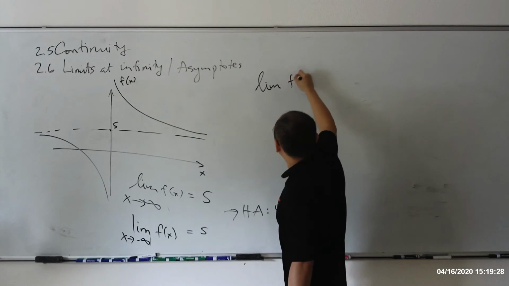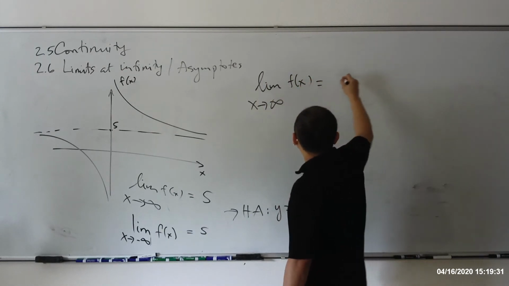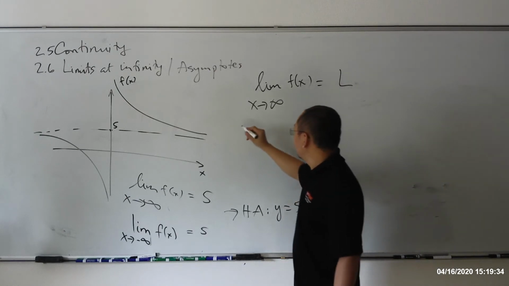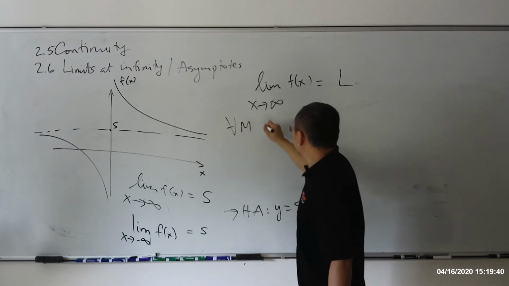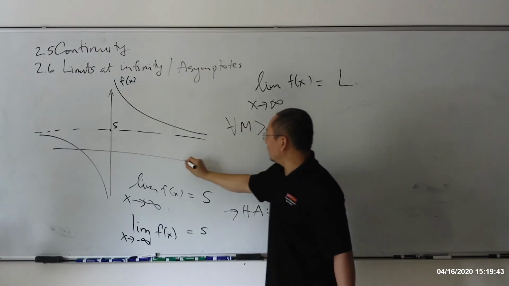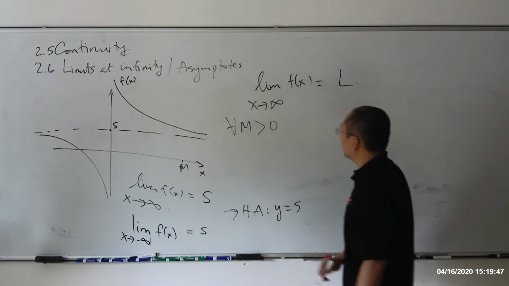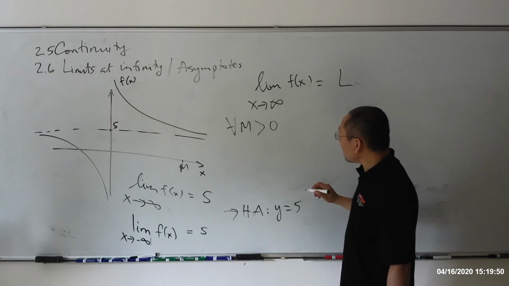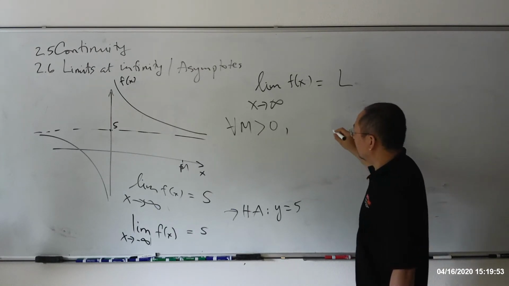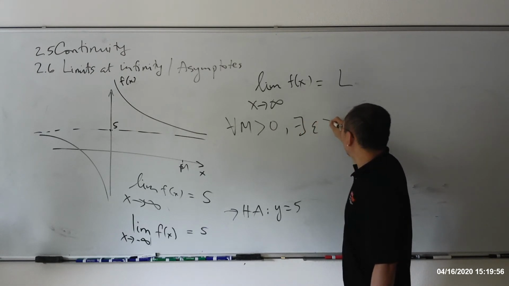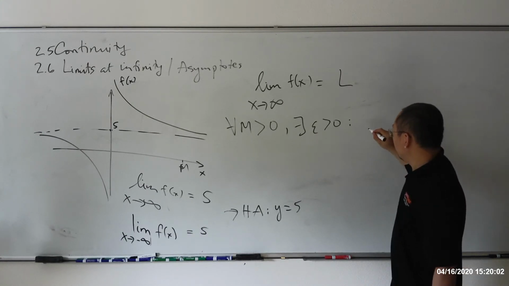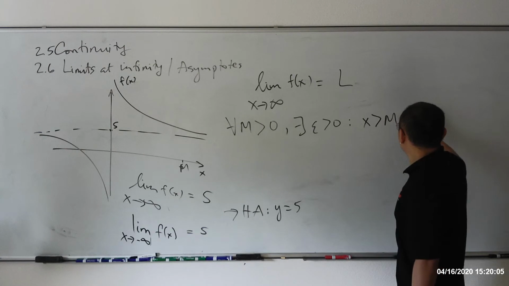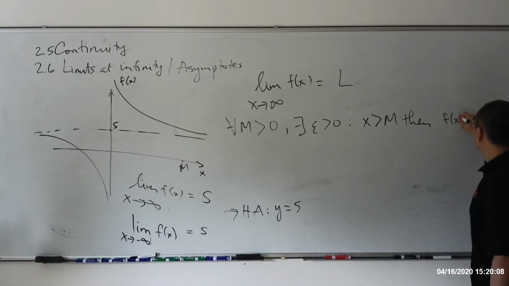The limit of f of x as x goes to infinity equals, say, a number L. We say it this way: for any m really big, any value m going to infinity, there exists an epsilon greater than 0 such that when x is greater than m, then the absolute value of f of x minus L is less than epsilon.